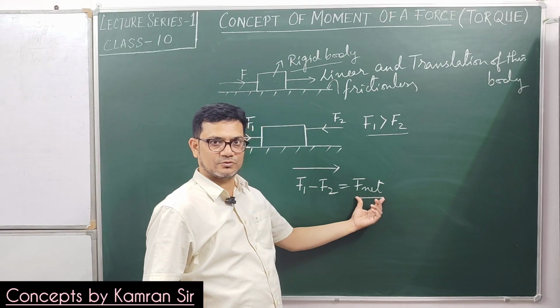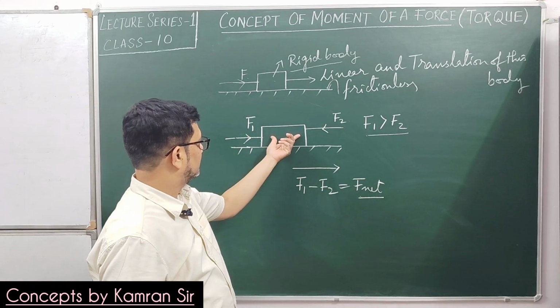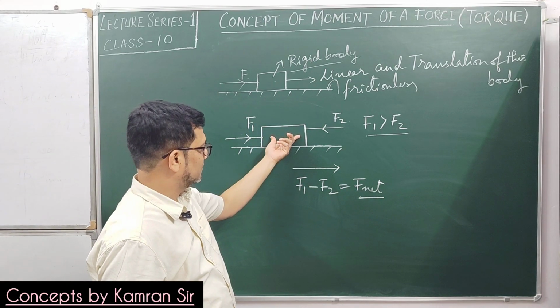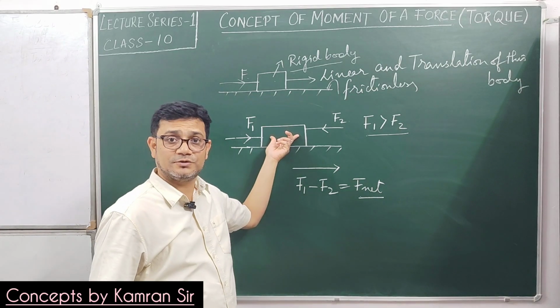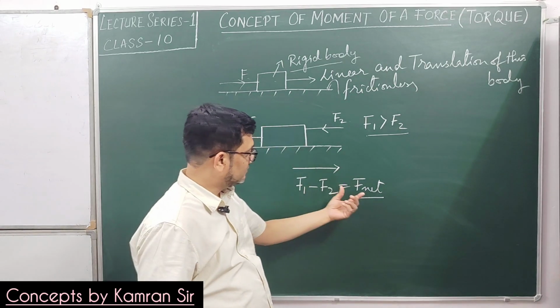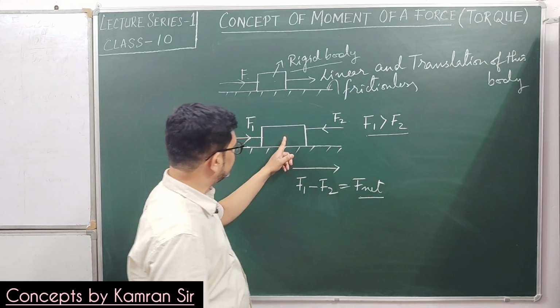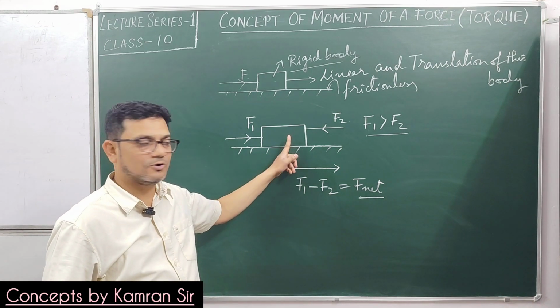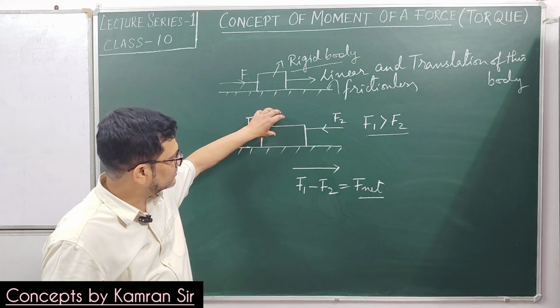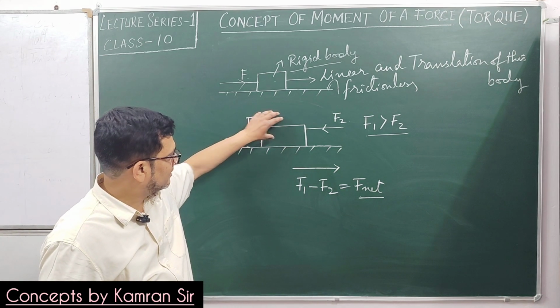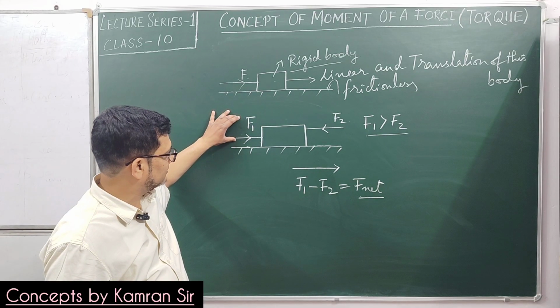This resultant force is the real cause of motion. According to Newton's second law, this net force is causing an acceleration of this body. This body was at rest, and you apply a force F1 in this direction.